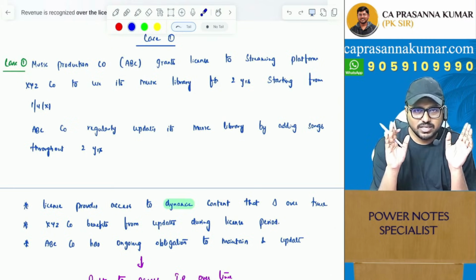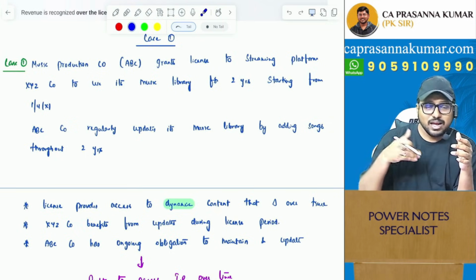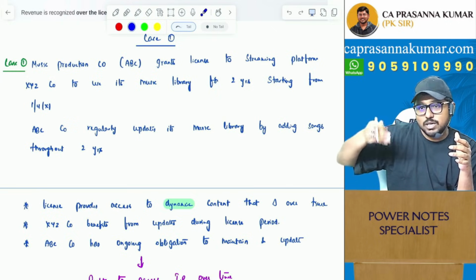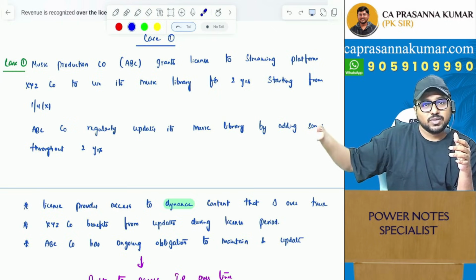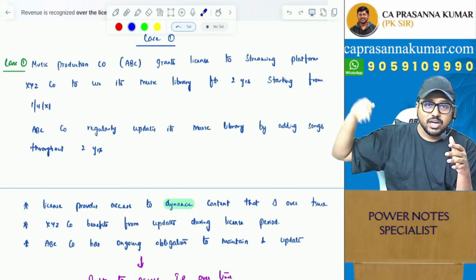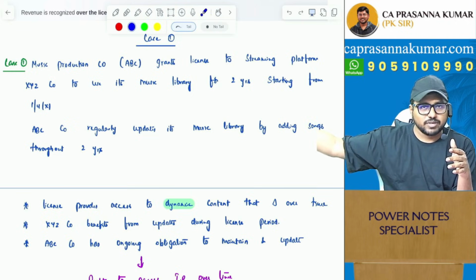I gave you a 2 year license, and the content that I gave you is going to be dynamic. So I have to keep on providing you the new content. Are you able to understand? Which means I have to keep on providing you the service over a period of time. Therefore, the transfer of control of services will happen over 2 years. Therefore, the performance obligation will be satisfied over a period of time, and revenue has to be recognized over a period of time.